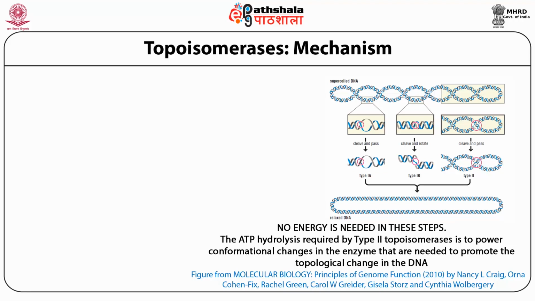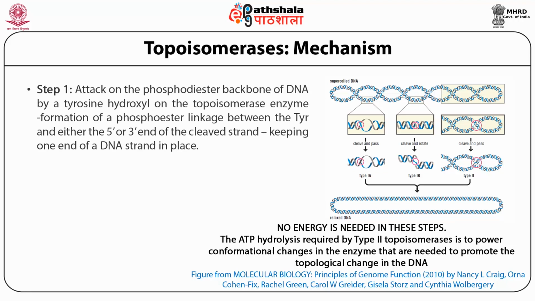In all these topoisomerase reactions, usually the first step is attack on the phosphodiester backbone of DNA by a tyrosine hydroxyl on the topoisomerase enzyme itself, and formation of a phosphoester linkage between the tyrosine and either the 5' or 3' end of the cleaved strand that keeps one end of a DNA strand in place.